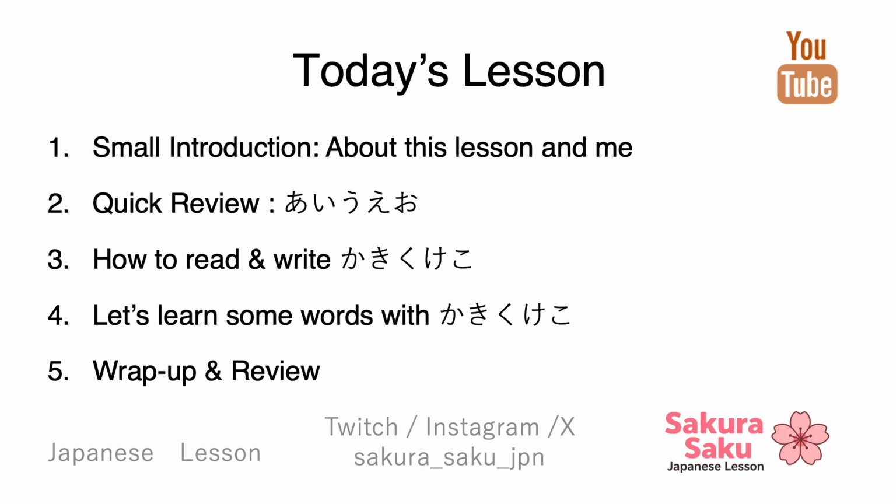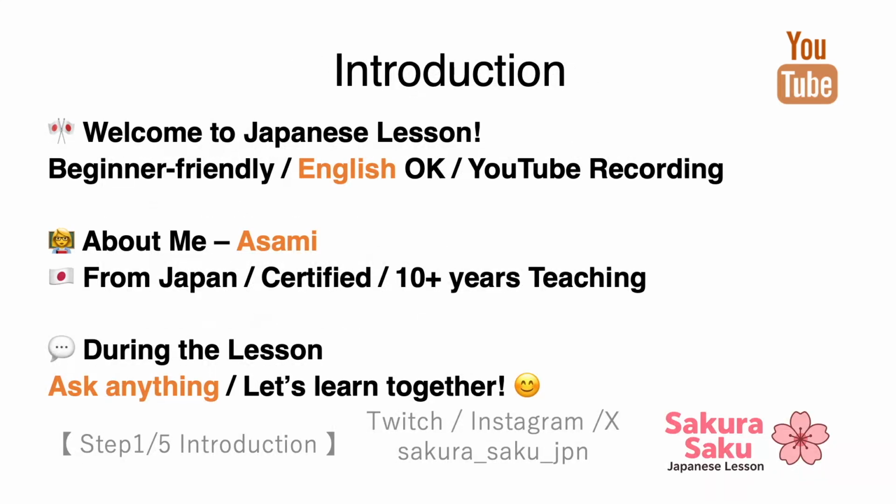After that, we'll practice writing ka, ki, ku, ke, ko together. Please get your paper and a pencil ready. Then, I'll introduce some Japanese words that use ka, ki, ku, ke, ko. Finally, we'll wrap up and review what we learned today. So, let's move on to the introduction.